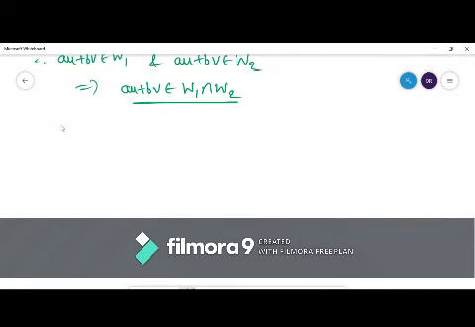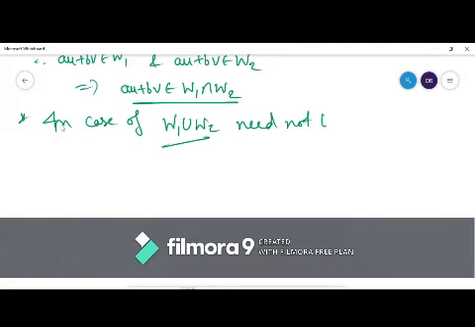But in case of union, that is W1 union W2, the result need not be true. For this, we have some examples.